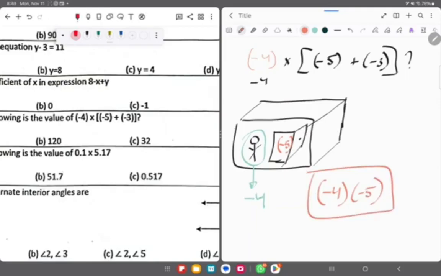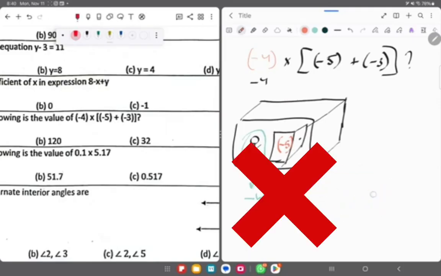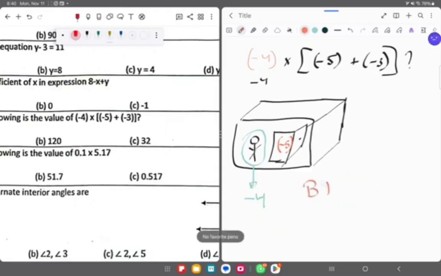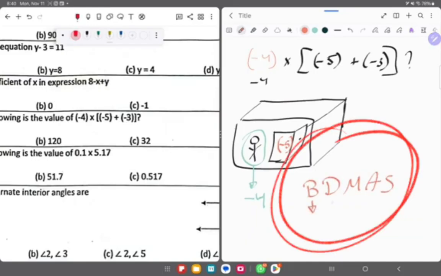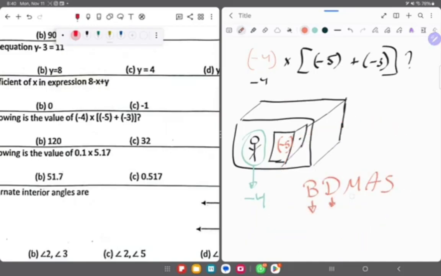But over here, no. I've got a big bracket, so let's remember BODMAS: brackets, division, multiplication, addition, subtraction. First things first, we need to check the brackets.